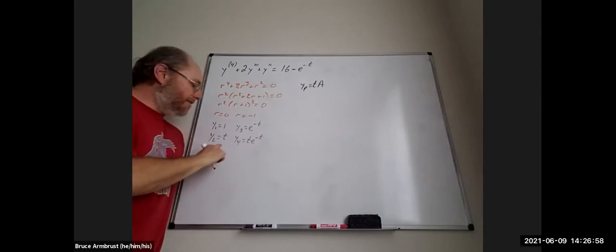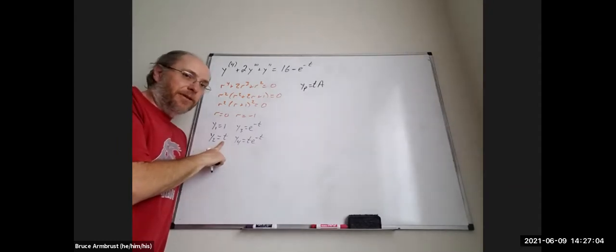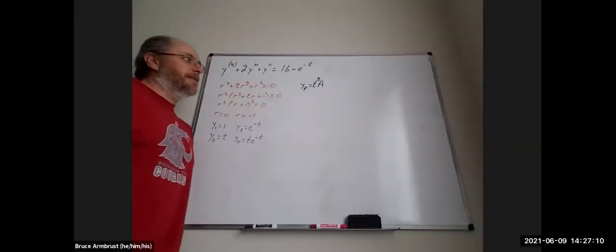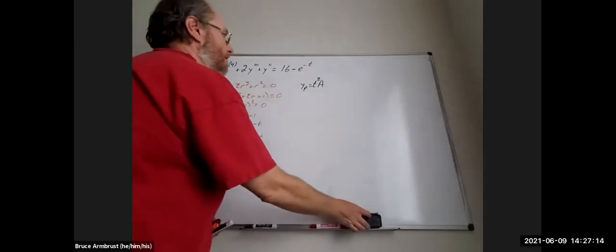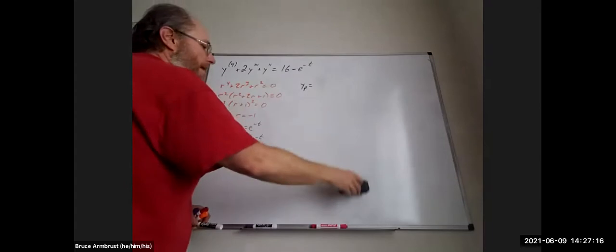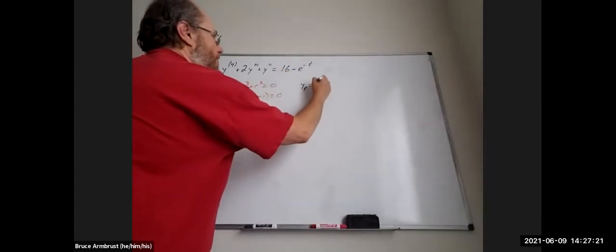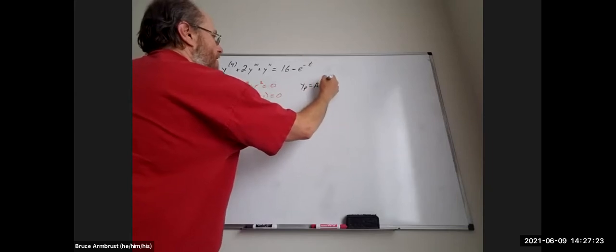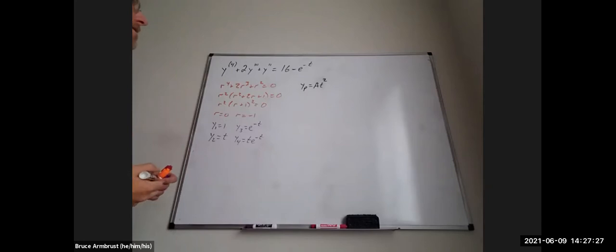But that is also in the fundamental set. So what do we do? Multiply by t again. We're actually going to go with t squared times that constant to make our 16.